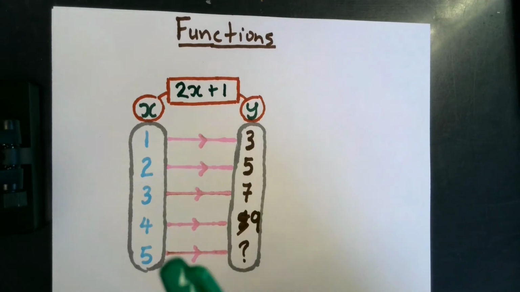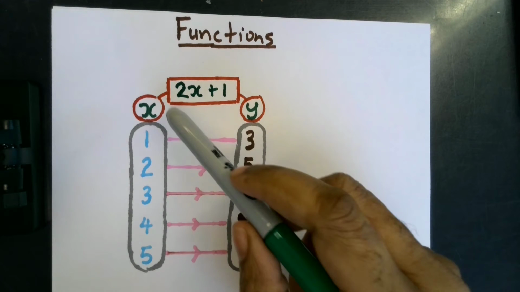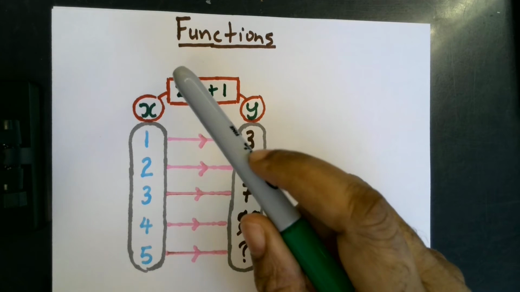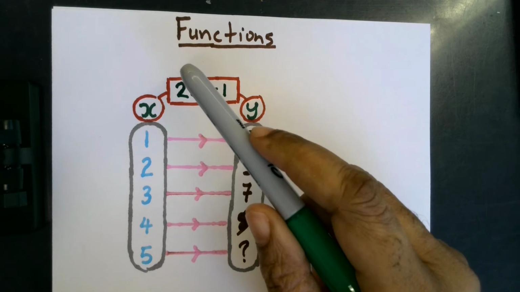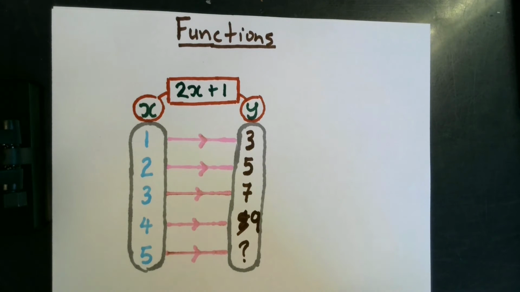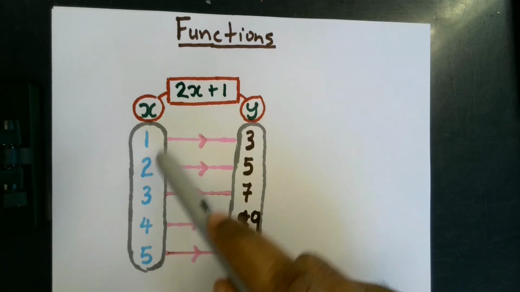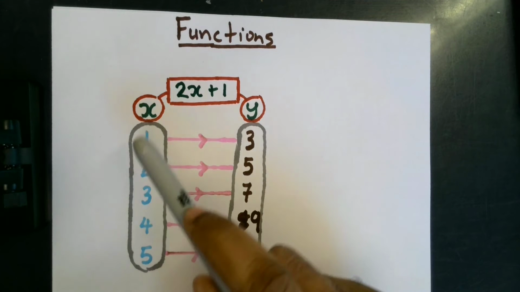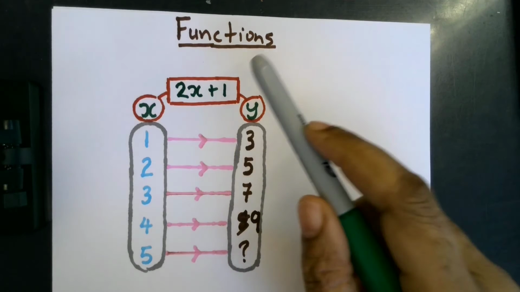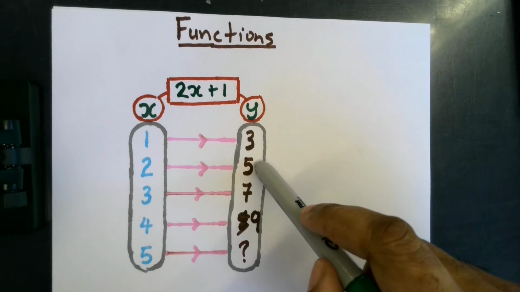Let's see if it works. Alright? When x is 1, 2 times 1 is 2, plus 1 is 3. Yes? When x in our formula is 2, 2 times 2 is 4, 4 plus 1 is 5. Alright?